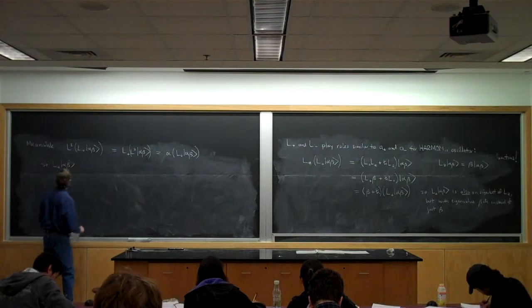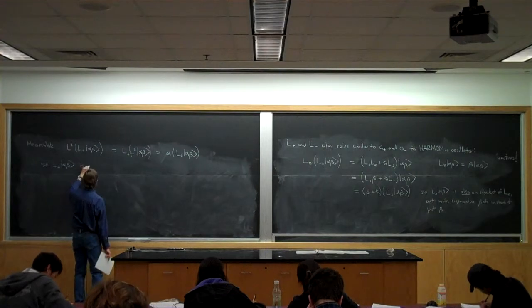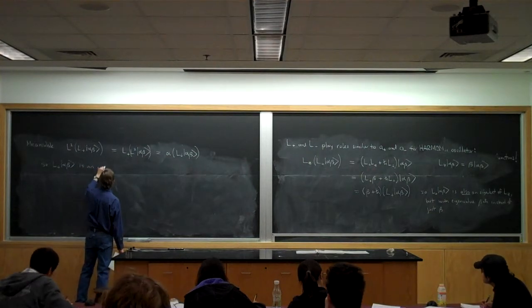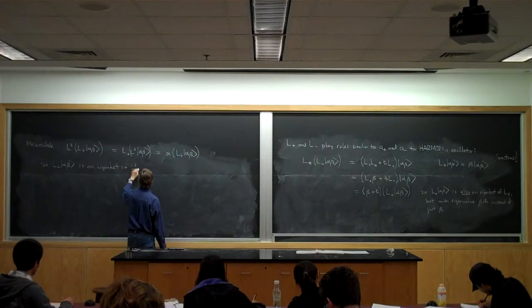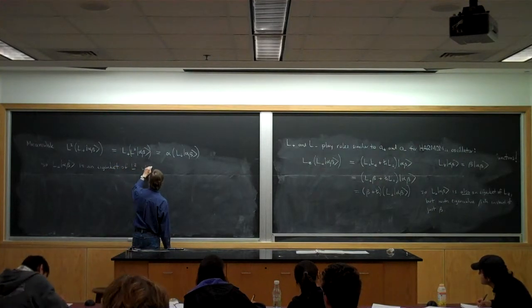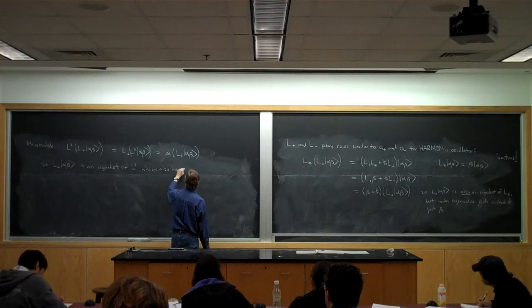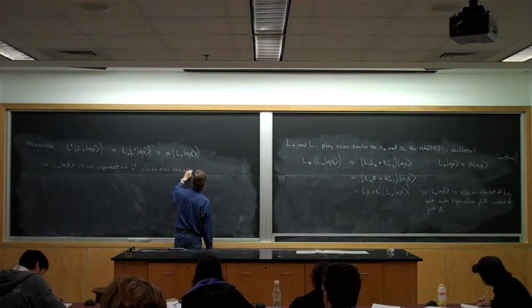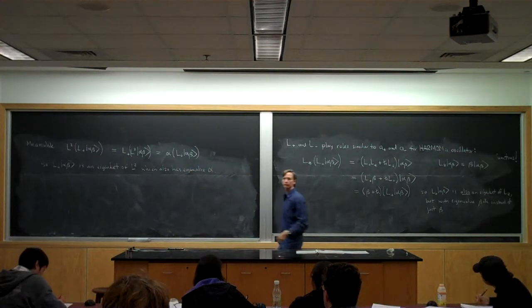So L plus alpha beta, that ket, is an eigenket of L squared, which also has eigenvalue alpha.